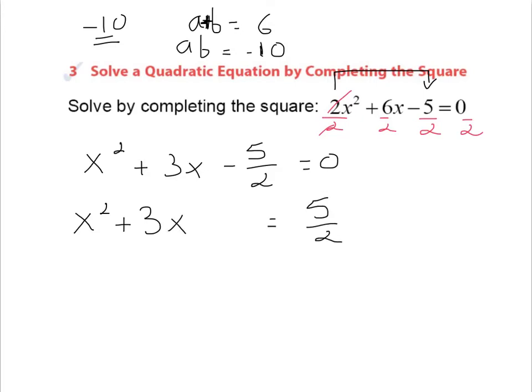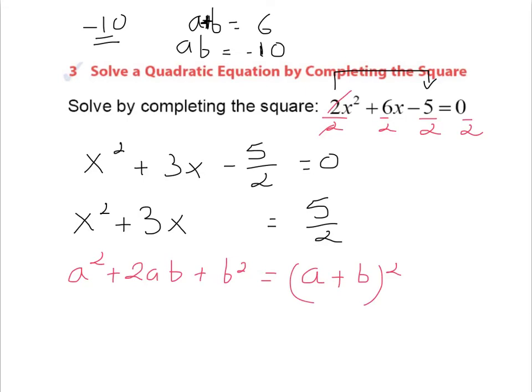Since I have a plus, I can think about the binomial square, the perfect square. When we have x squared plus 3x, I can think about a squared plus 2ab plus b squared equals (a plus b) squared. My purpose is to create the perfect square, which is (a plus b) squared.